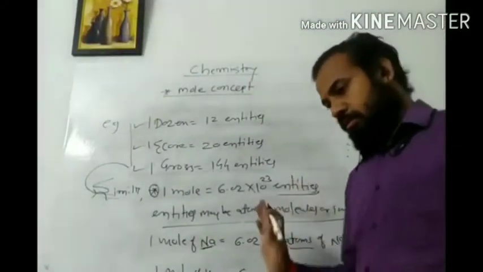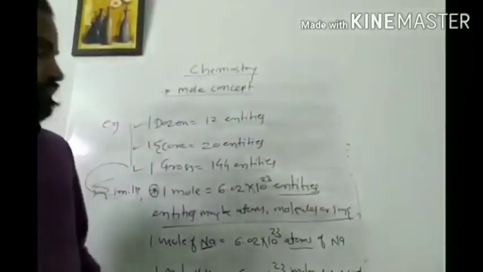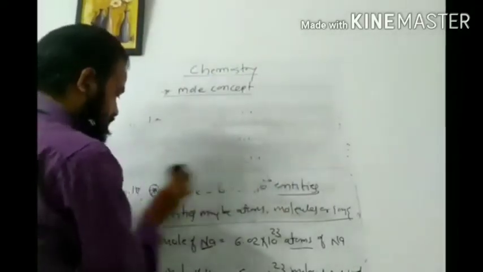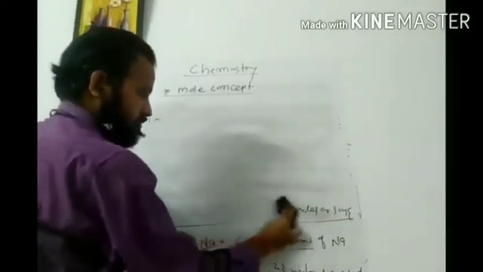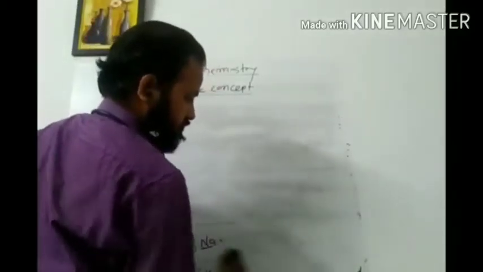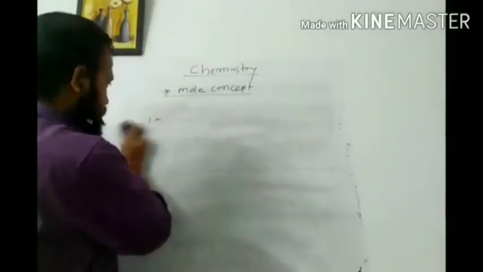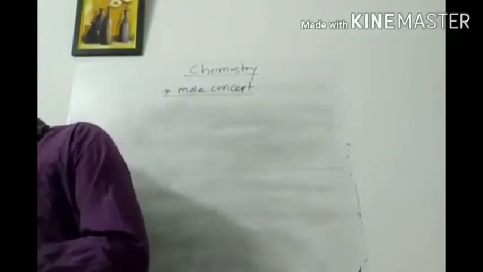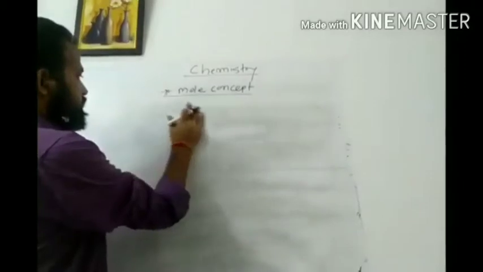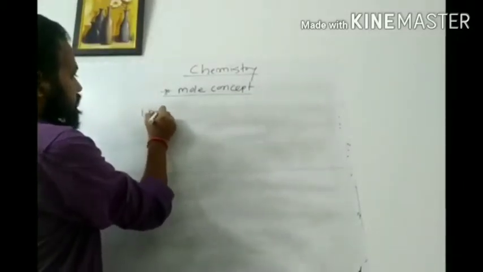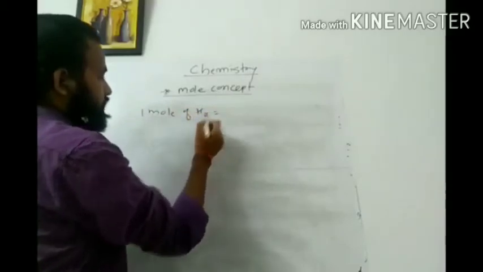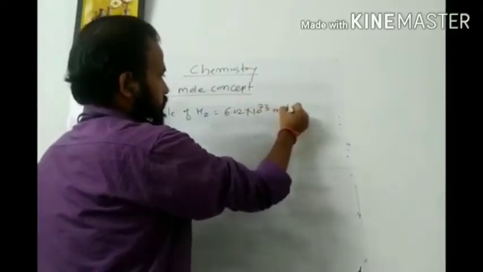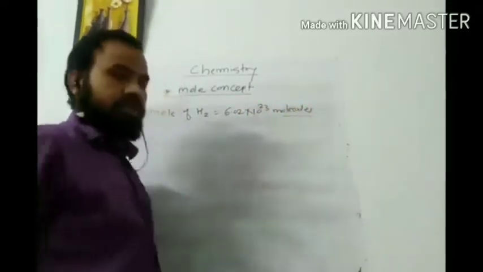Okay, so let us see how we can calculate the atoms. As I already discussed, 1 mole of H2 is equal to 6.02 into 10 raised to 23 molecules. Why molecules? Because hydrogen exists in the form of molecules.